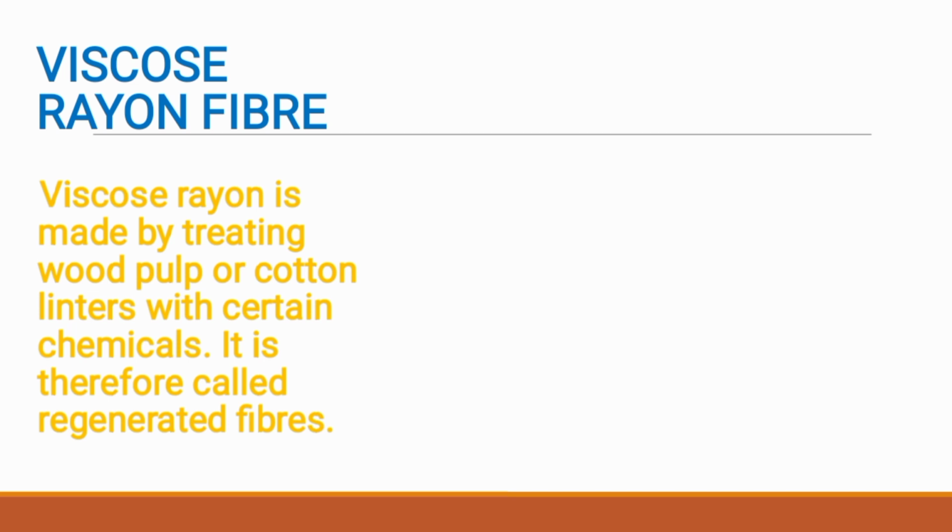It does not look like the natural plant anymore because chemical has been added to it, and definitely it will change the form. Due to that, we call them regenerated fibers, because when you add the cotton linters that you get from the plant and mix it with chemicals, something else will be produced. In chemistry, mixing two elements produces a compound.